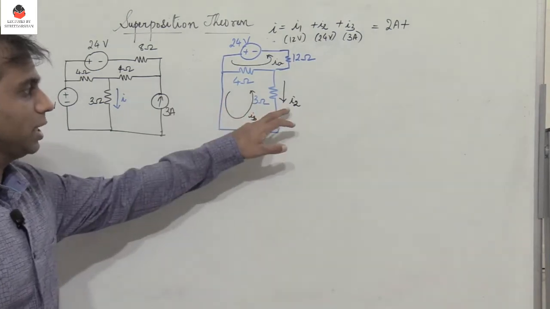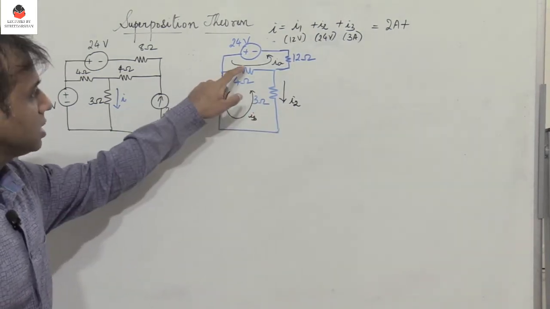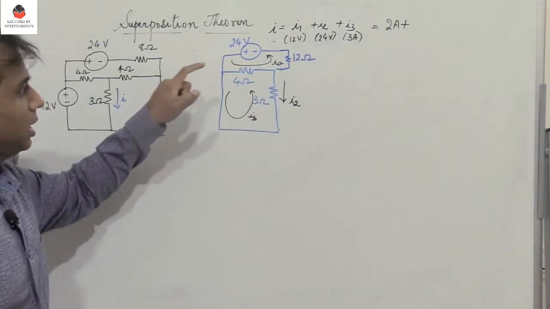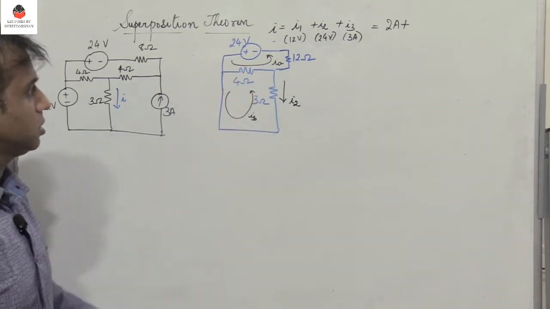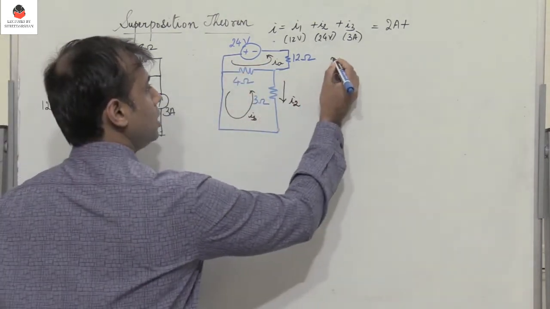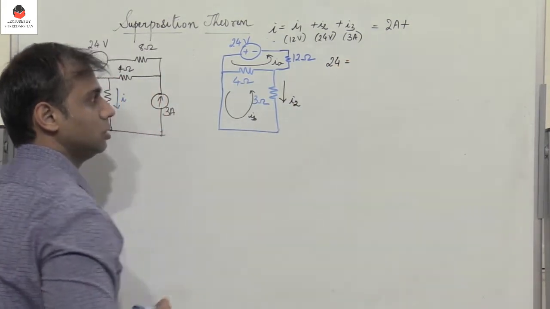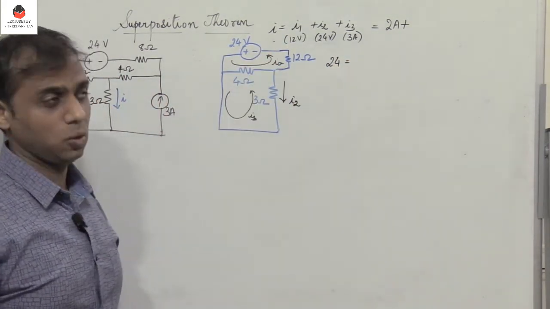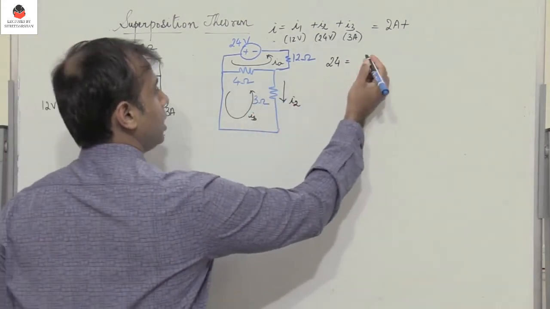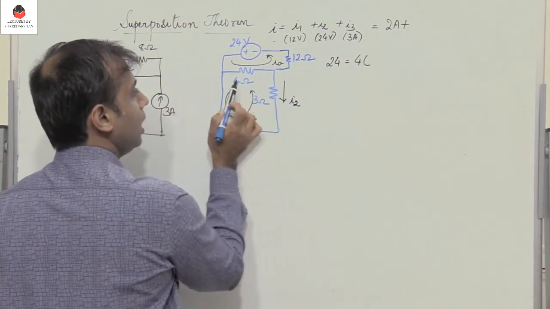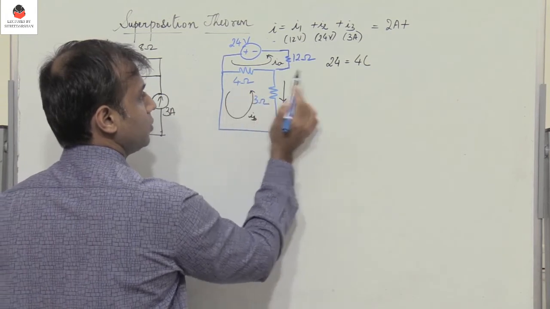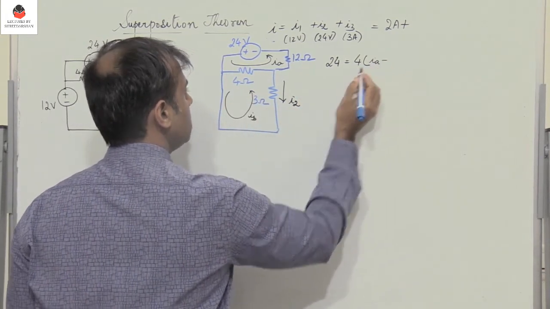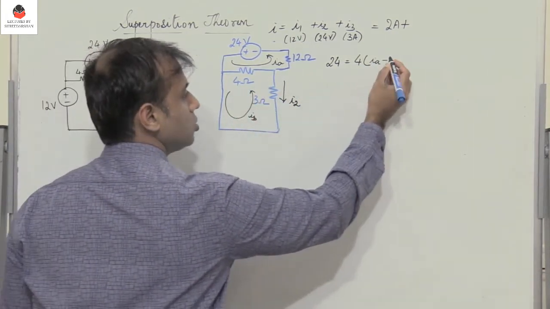So now we need to find I2. So let me consider these two loops here, and let me write the KVL in the first loop. So the total voltage 24 is equal to the voltage drop across 4 and the voltage drop across 12 ohms. So 24 equals 4 into IA, which is flowing in this direction, left to right, whereas IB is flowing in this direction, right to left. So the opposite.